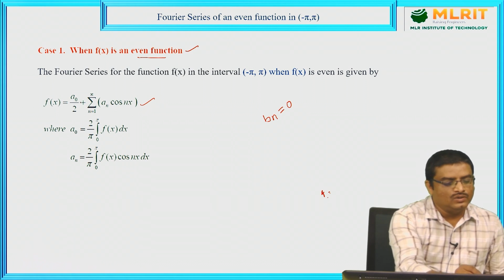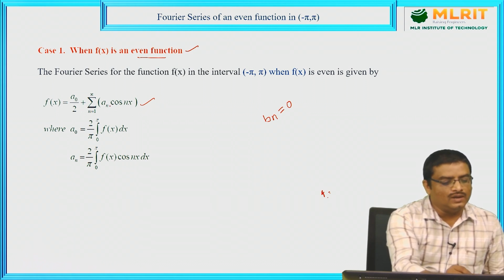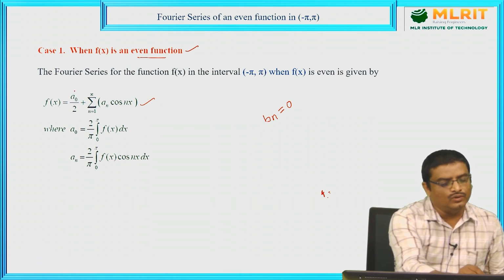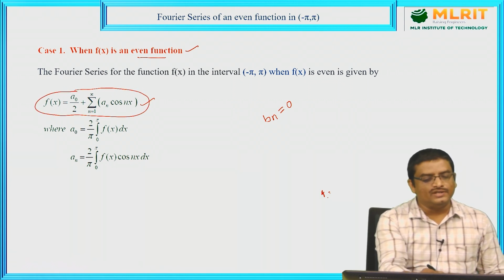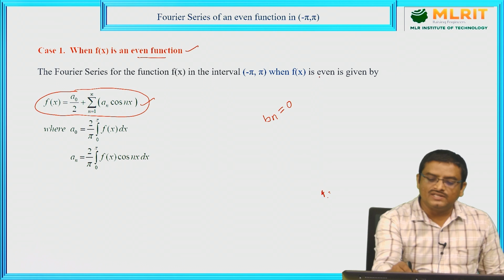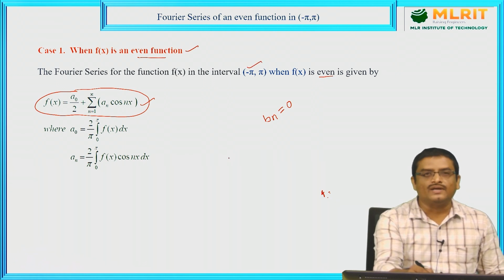So we got only the a naught term and the a n term. These are the standard formulas to find the Fourier series expansion if the function is an even function in the interval minus pi comma pi.